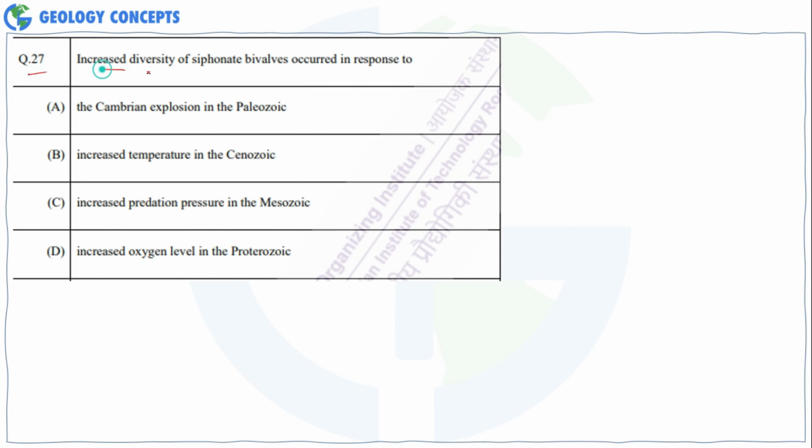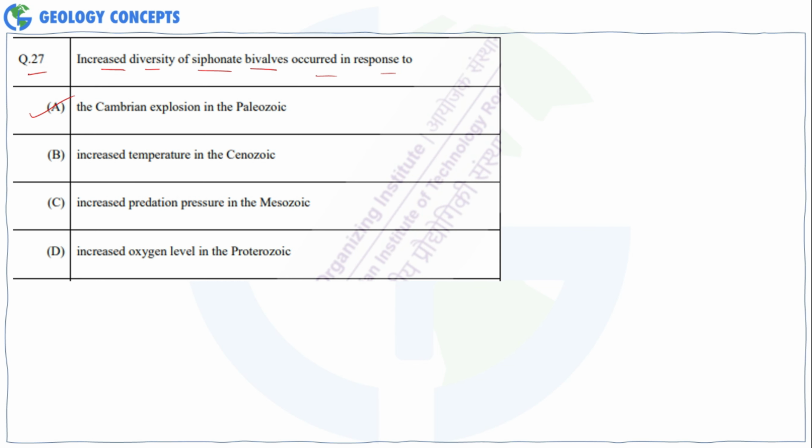The next is: increased diversity of siphonate bivalves, which have a siphuncle, occurred in response to what. So it is most appropriate to say that it was due to the Cambrian explosion, because they had this tendency to search for food, and they had this siphon or siphuncle on their body, so they could go deep inside and feed themselves and come up.